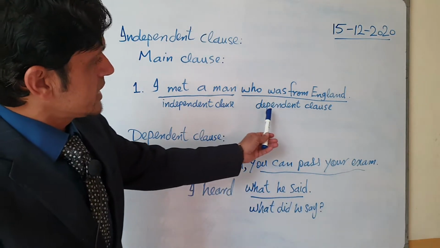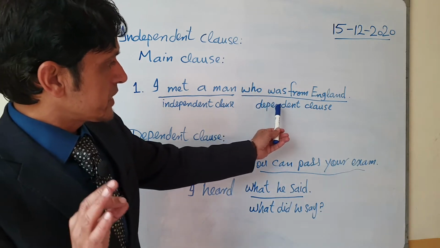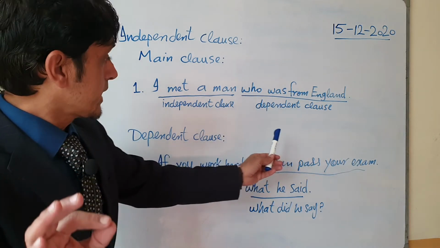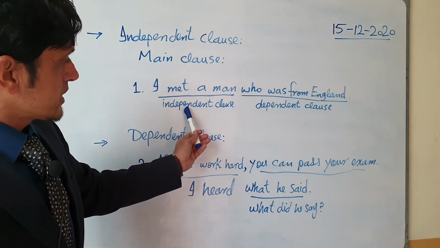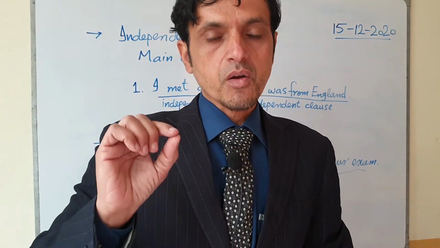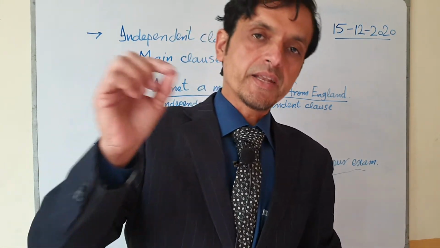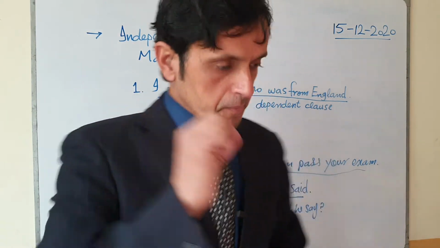But this is a dependent clause, because the meaning of this clause will not be clear without the independent clause. Every dependent clause needs another independent clause to clear its meaning.